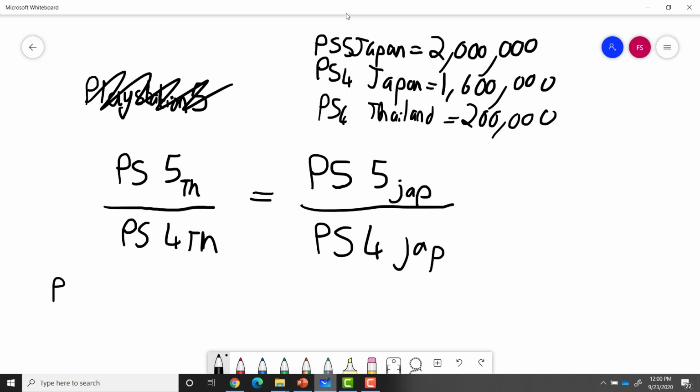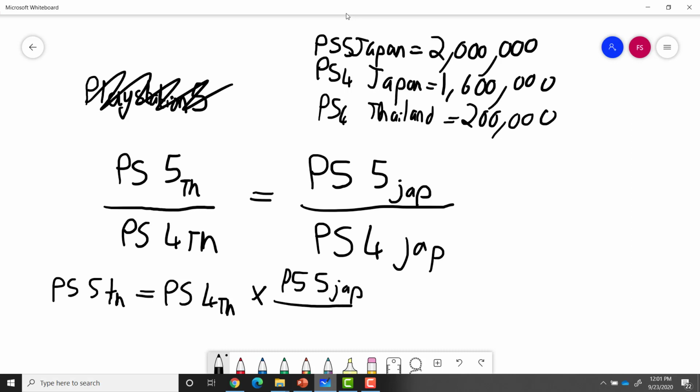So the PS5 in Thailand equals, just multiply both sides by the PS4 in Thailand, times the ratio of PS5 to PS4 in Japan. I'm sorry, my S looks too much like a 5. And so the PS4 in Thailand was 200,000.